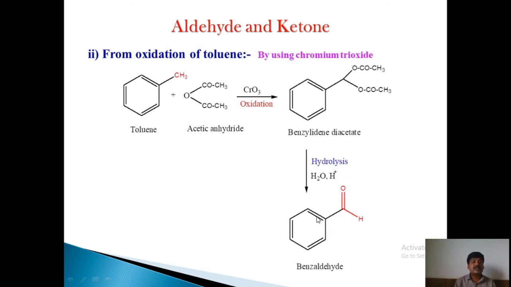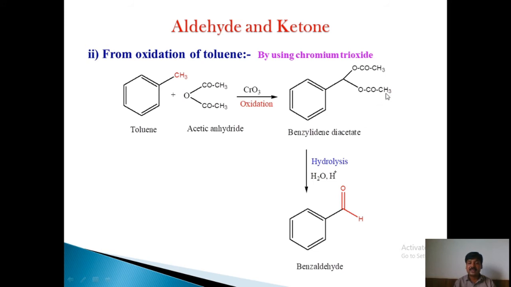Then second one is oxidation of toluene. Actually, it has three methods. First we see what toluene is. Toluene is the common name. Its IUPAC name is methyl benzene, that is a methyl group directly bonded to a benzene ring. It's called toluene. When toluene is oxidized with acetic anhydride in presence of chromium trioxide as an oxidizing agent, it produces benzylidene diacetate as an intermediate.